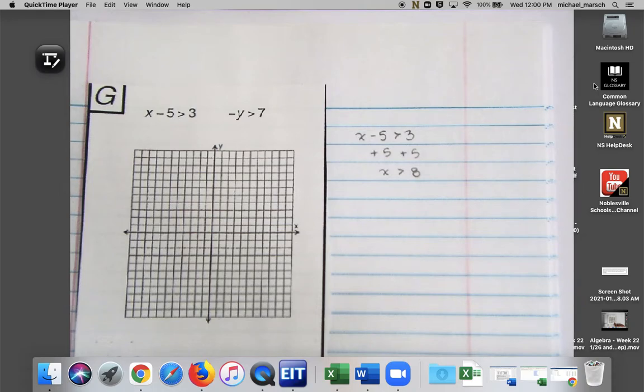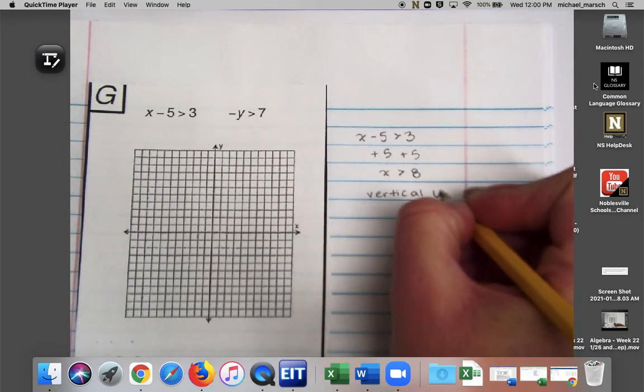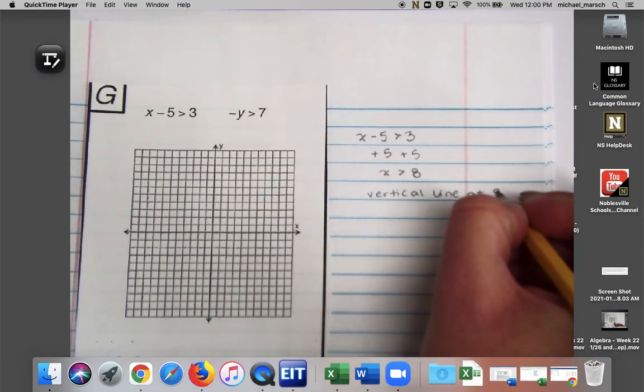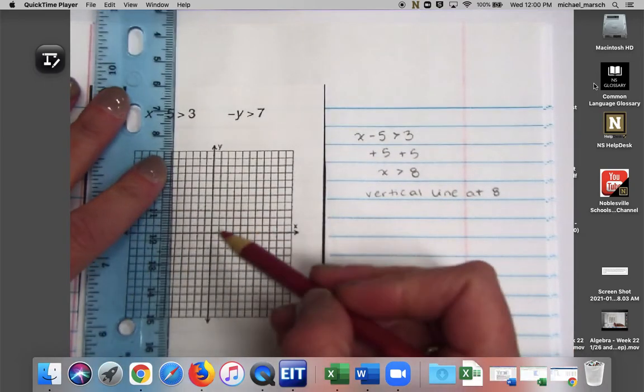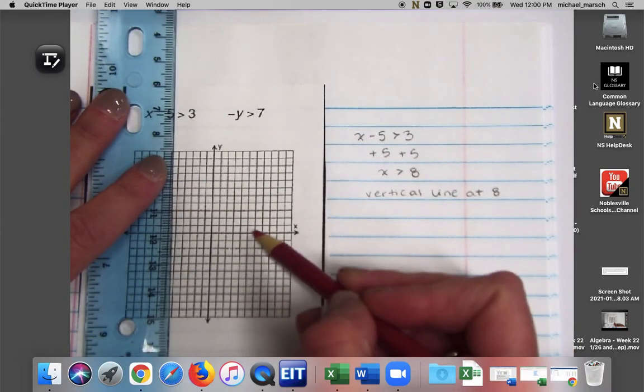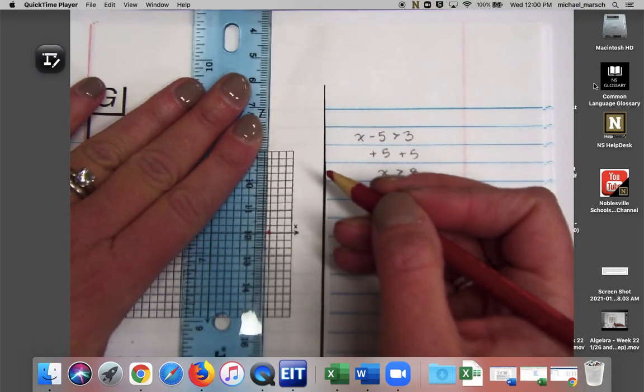It is going to be a vertical line. Caleb, gold star for you. So this is going to be a vertical line at 8, and it's going to be a dashed vertical line. So 1, 2, 3, 4, 5, 6, 7, 8. And I'm going to put a dashed vertical line here.